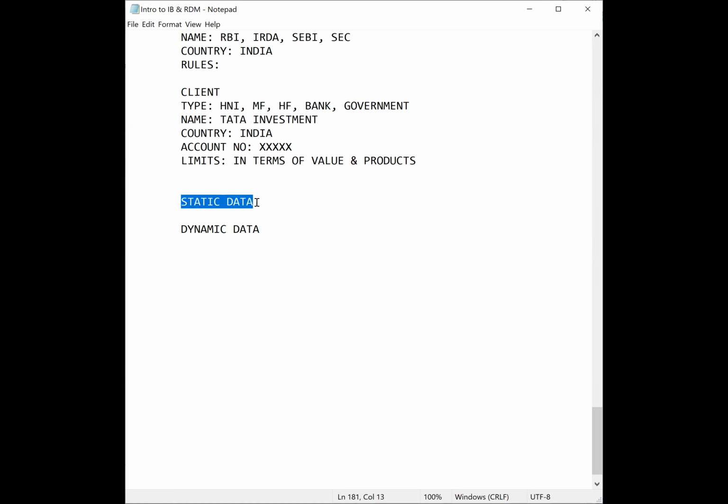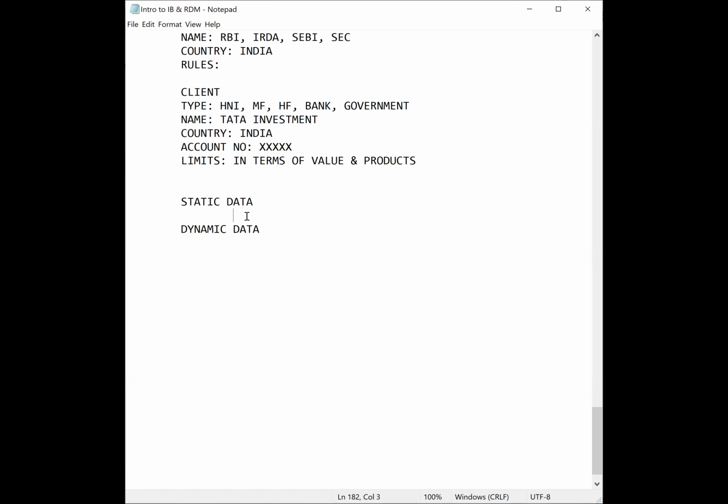Name, address, account number. From investment banking perspective, it could be financial product specifications or expiry date, customer ID.